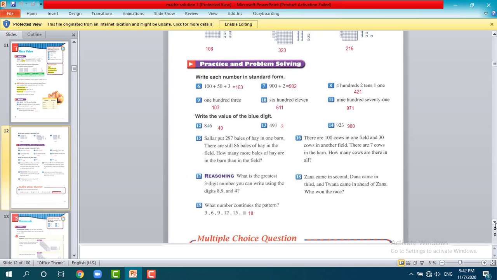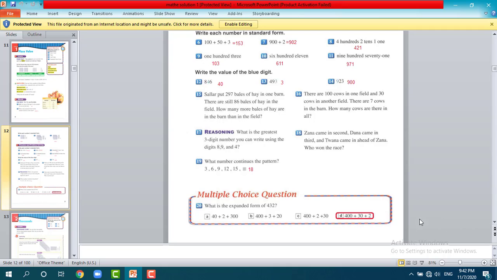After that, students, in equation 19, it asks what number continues the pattern. We have the pattern 3, 6, 9, 12, 15, and a dash. What's the number in the dash?